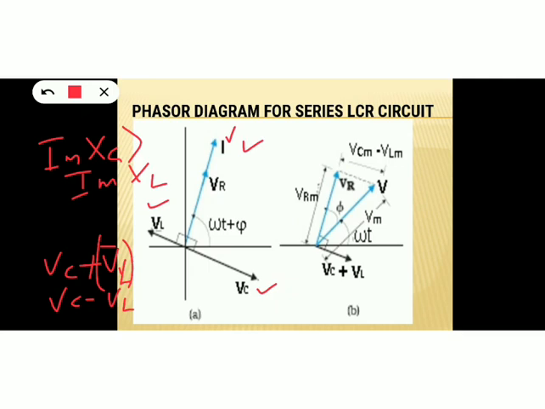So the capacitive voltage will be greater than the inductive voltage. That's why the length of the capacitive voltage is greater, so the greater vector is the capacitive voltage. So we substituted VC minus VL here. The net resultant vector of VL and VC will be VC minus VL.